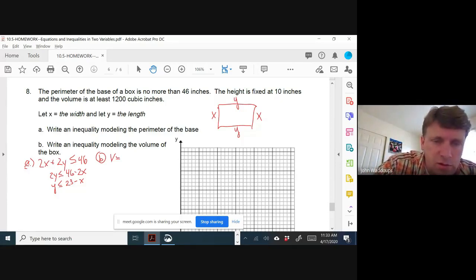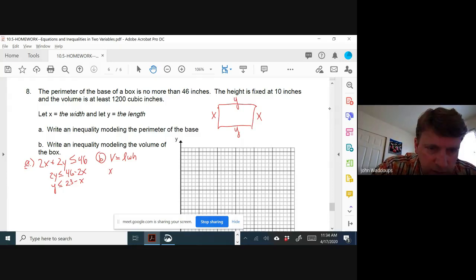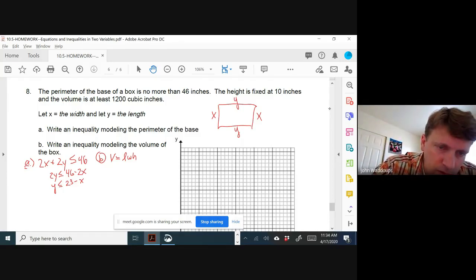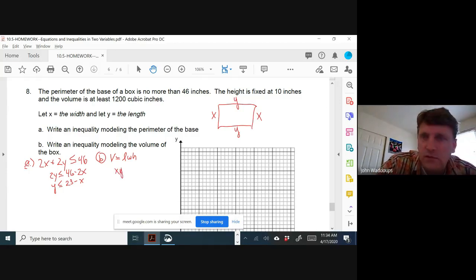I'll let you off the hook here. It'd be length times width times height. And so in our case here, we've got the length is y and the width is x. So I'm going to say x times y. And what is the height?